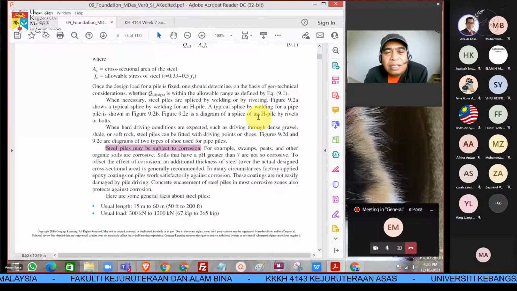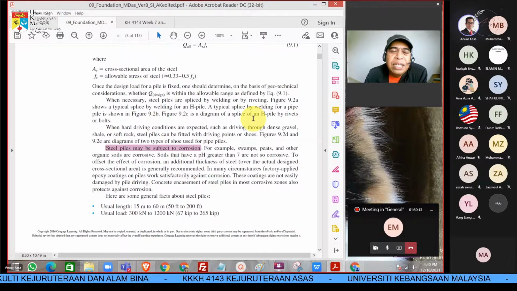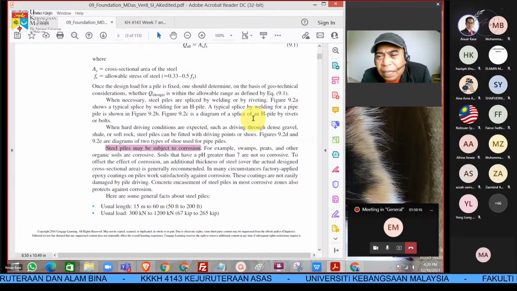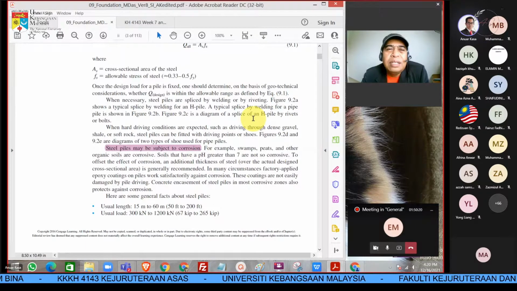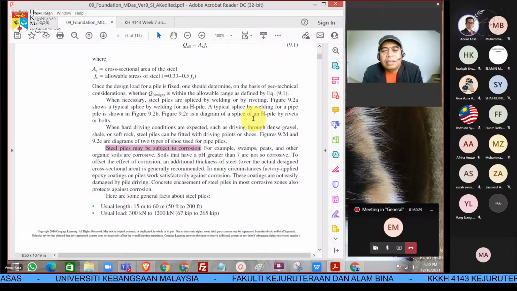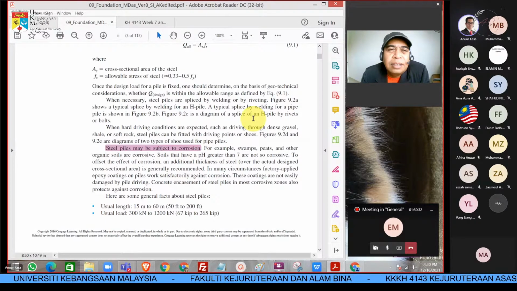Okay, we can have a steel pile, but the issue with steel pile is normally corrosion. When we put it in soil that has moisture content, for example in peat or in clay, then we may have an issue of corrosion.